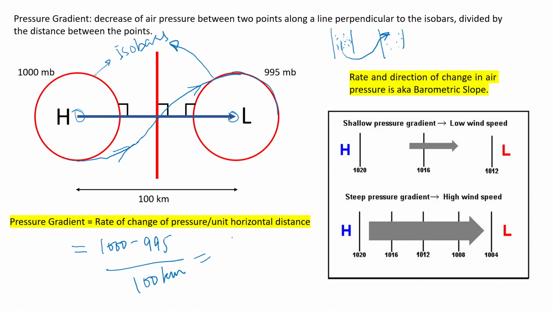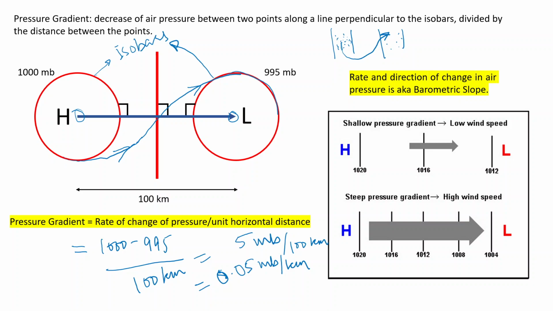So it is 5 millibar per 100 kilometers, or we can write it as 0.05 millibar per kilometer. This is the change in pressure.